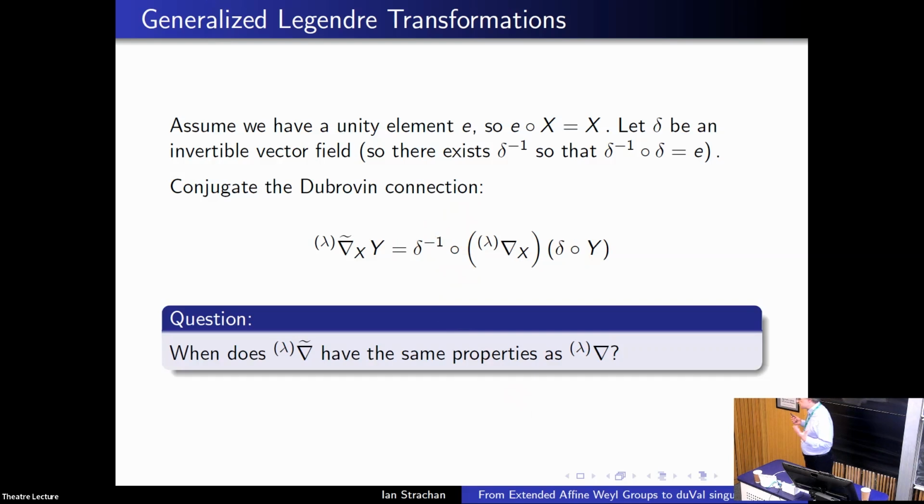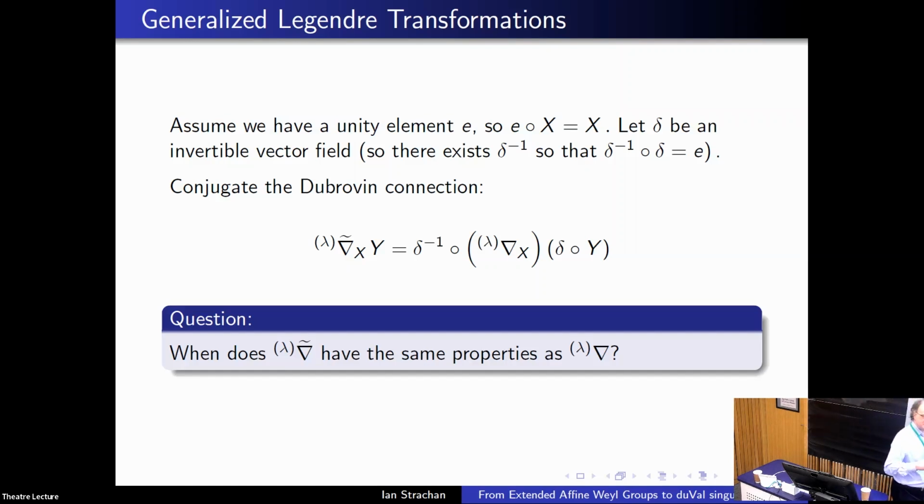And then you ask the standard question: when does this conjugated object have the same properties as your original object? If you go back to the definition, one thing to think about is the lambda term, the multiplication term in the Dubrovin connection. Having a vector field and its inverse on each side of the multiplication, because of commutativity and associativity, they just cancel each other out.